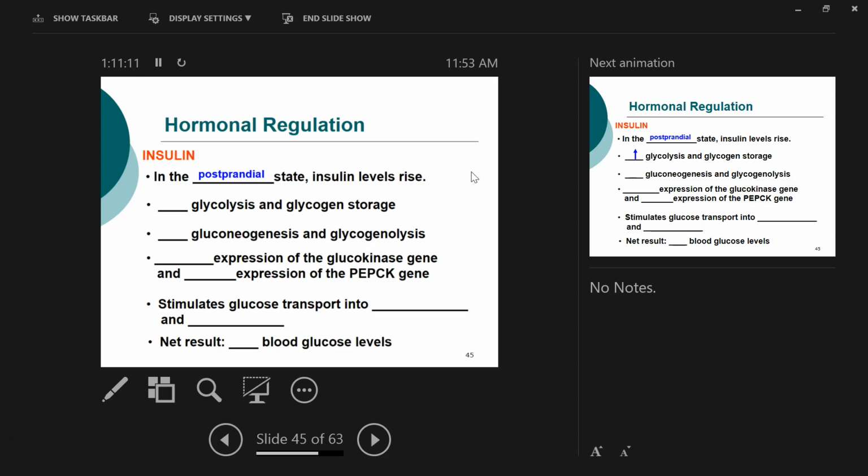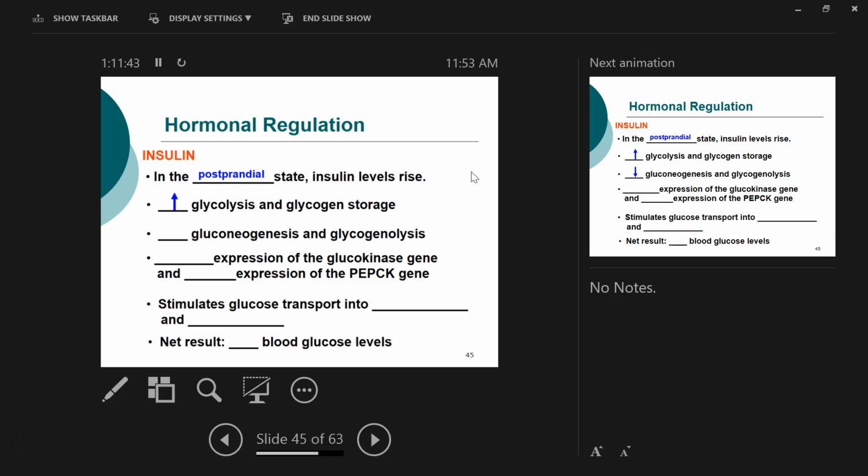And what do you expect for glycolysis and glycogen storage when the insulin level is high? Would glycolysis increase or decrease, and the glycogen store? Increase, yes. So insulin basically stimulates glycolysis and also pushes glycogen storage during the fed condition, right?